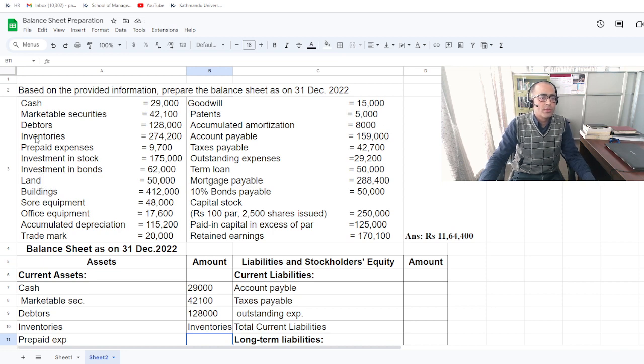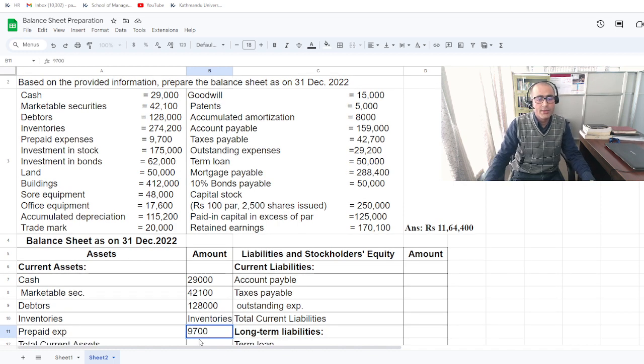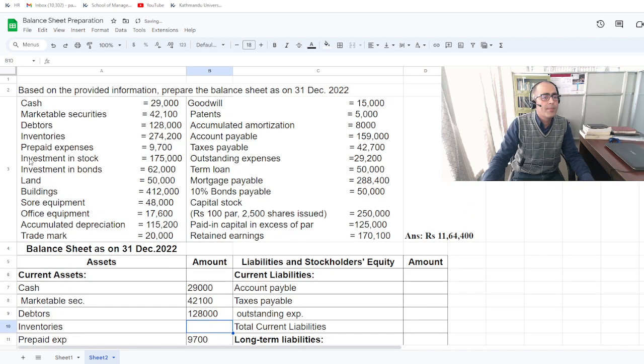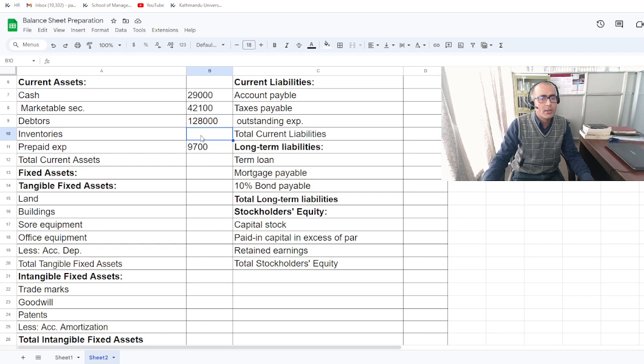That is part of prepaid expenses, and that is 9,700. Now once we add it up, that is how much inventory we have. Inventories is 2,74,200.